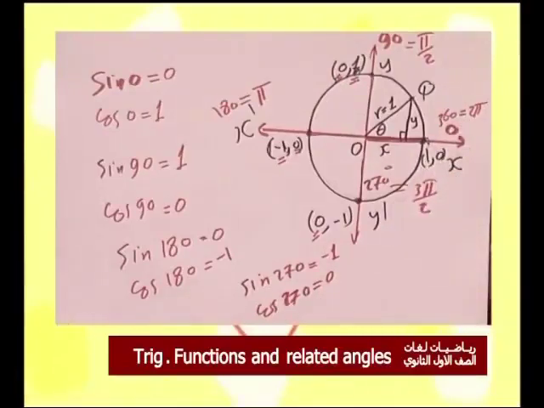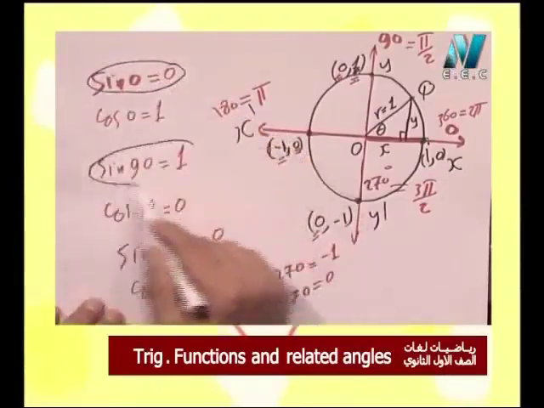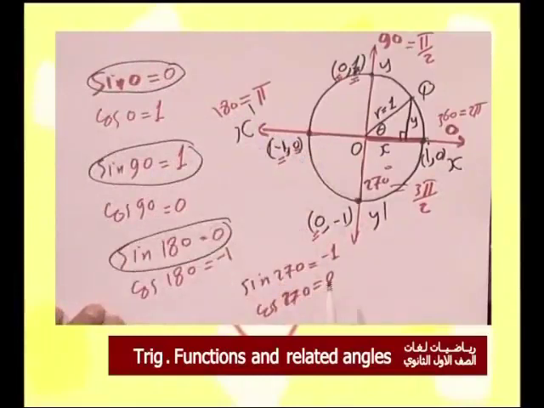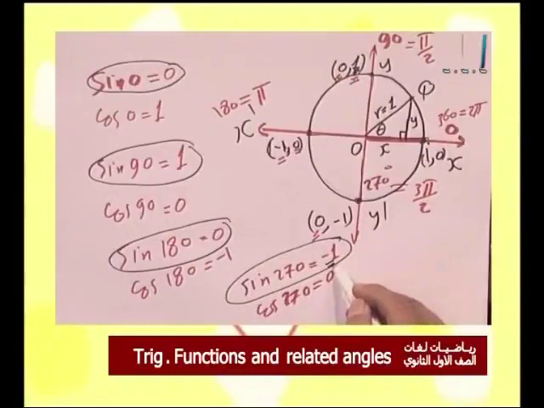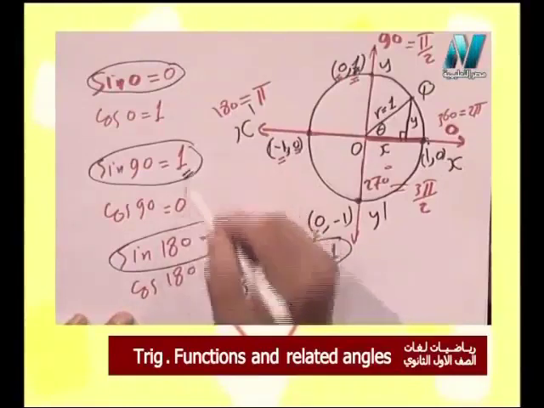So look carefully at these numbers. We have sine 0 equals 0, sine 90 equals 1, sine 180 equals 0, sine 270 equals negative 1. So the smallest value for sine of any angle is negative 1, and the greatest value equals 1.